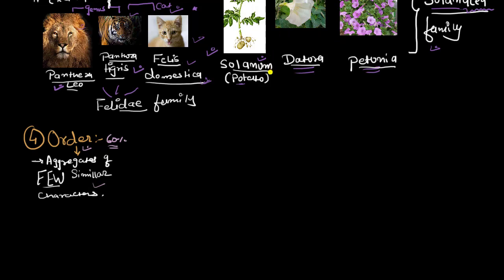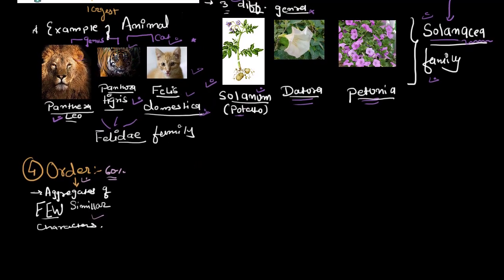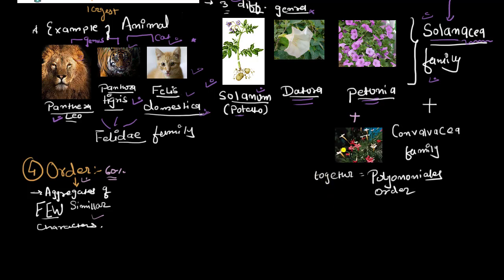Now, let's take an example of whatever we've talked about here. For example, we talked about the Solanaceae family. Let me just remind you, in family we took the example of the Solanaceae family. Now, in order, if I add another line, you can also call them a morning glory flower.